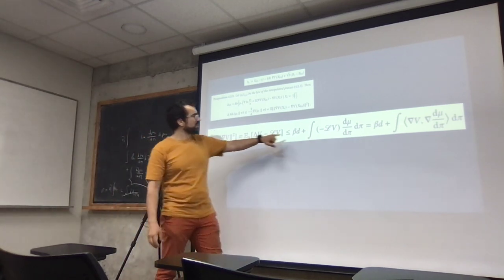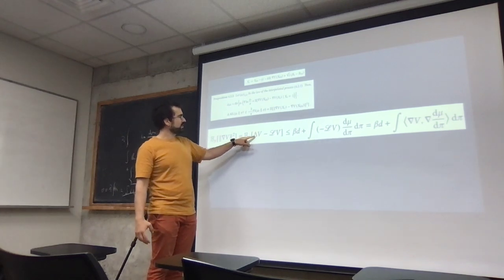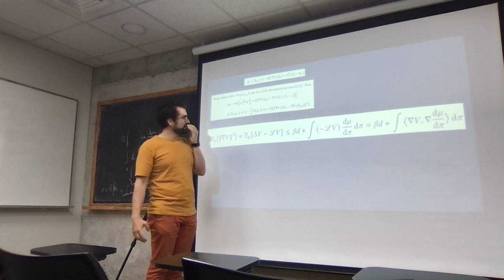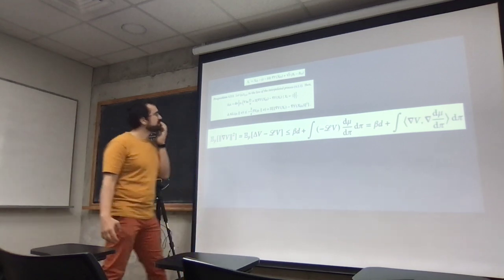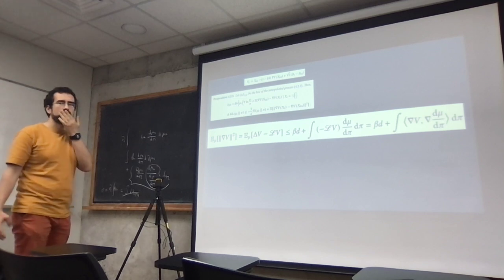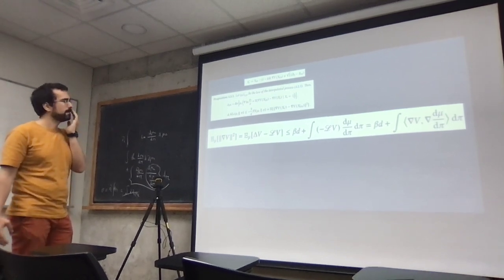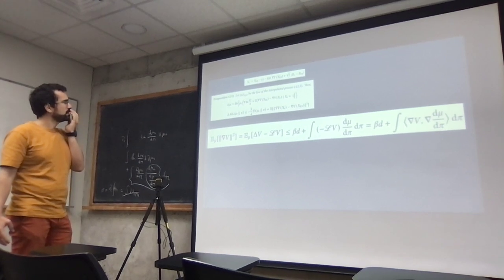Here, E mu, I can write it as d mu over d pi against d pi, and the E mu of Laplacian of V is controlled by this. I think beta should be an upper bound on the eigenvalues of, or, no, sorry. I was just thinking it was the Hessian instead.